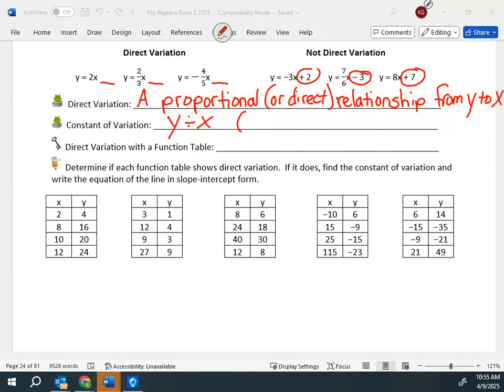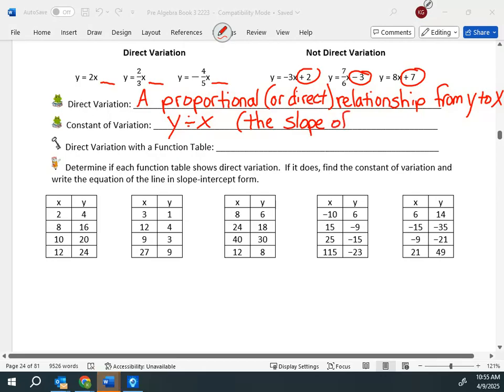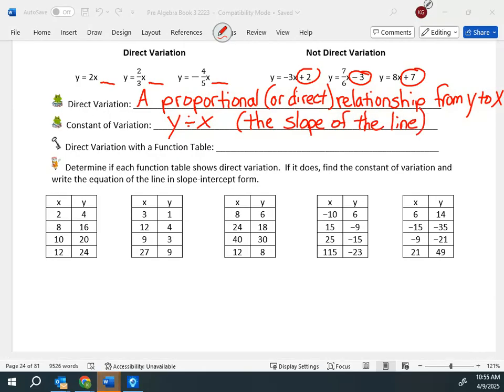The slope. So that constant of variation is the slope of the line. If it has a direct variation, it's going to have the same slope.